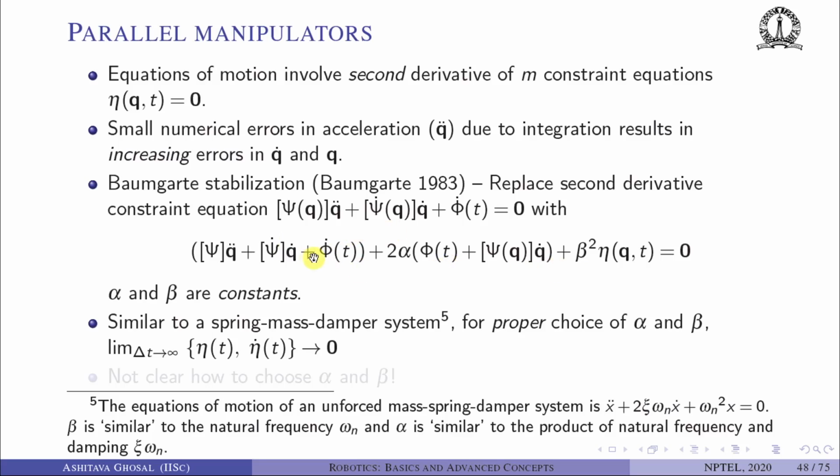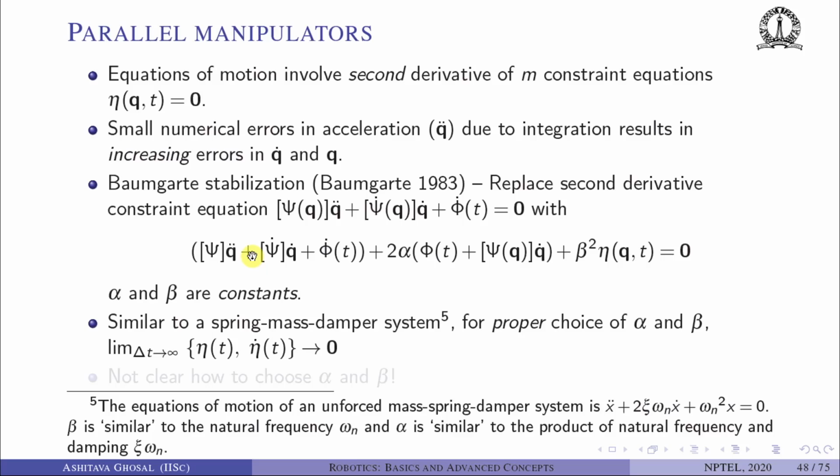So basically what it looks like is a spring mass damper system. This is like m x double dot plus c x dot plus k x equal to 0. Okay, so if you choose alpha and beta properly, both eta of q,t and its first derivative will go to 0.